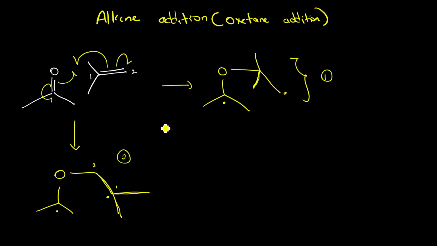So when you have these two products, the reaction would be much more feasible through this pathway. Yes, this is happening, but relative to this, when you compare it with this particular pathway, this one is mostly unpredictable.